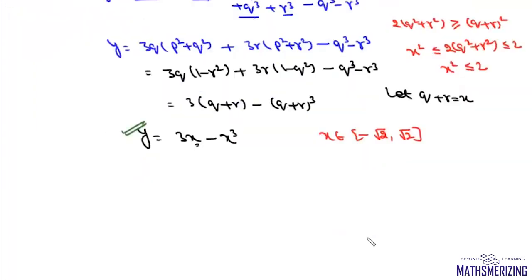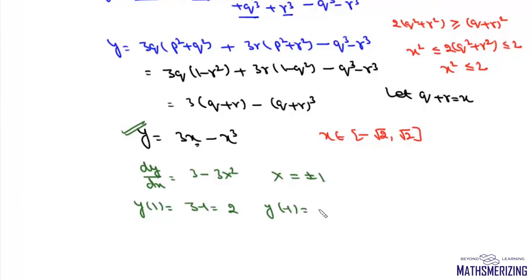Now what we'll do is we'll find dy by dx. dy by dx will be 3 minus 3x square, that is, the value of x will be plus or minus 1. Now if we find the value of y at 1, it will be 3 minus 1, which is 2.